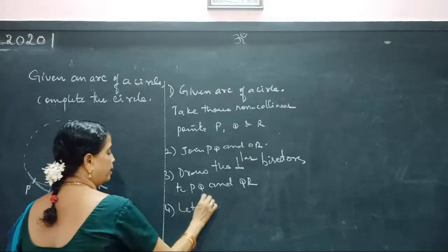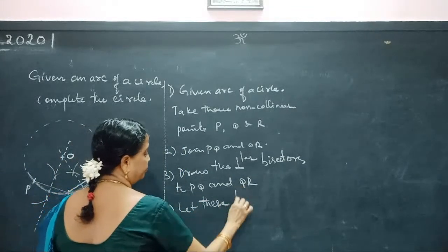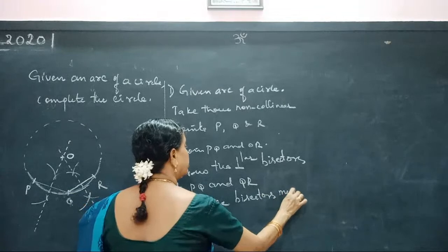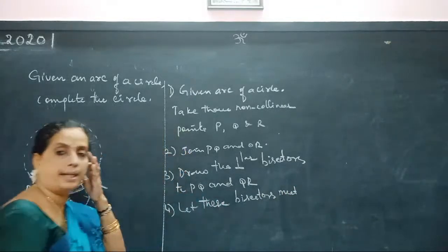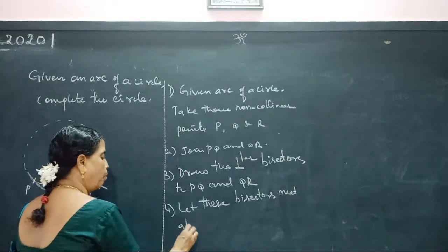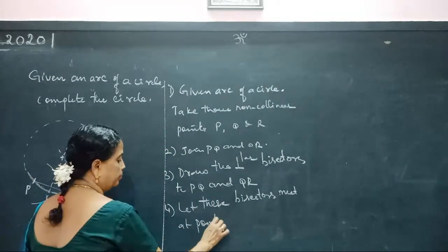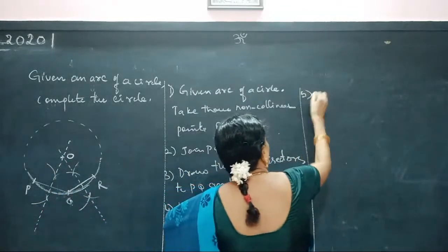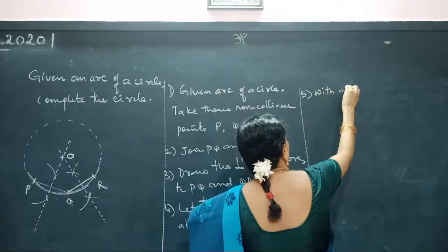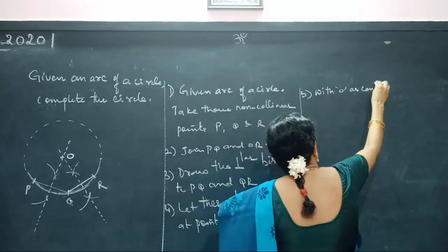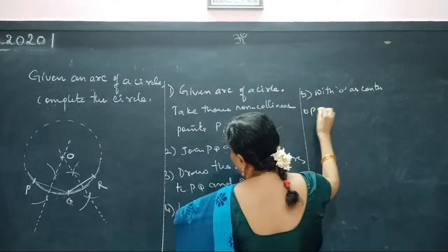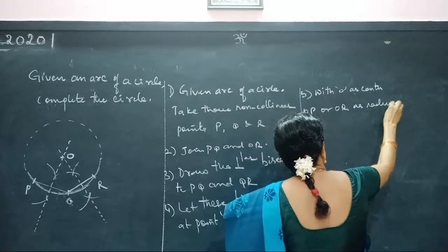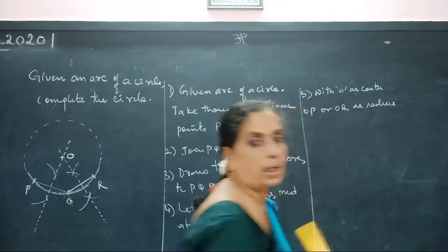Let these bisectors meet, or you can mention intersect, at point O. Next, with O as center, OP or OR as radius. That is what we did using compass.